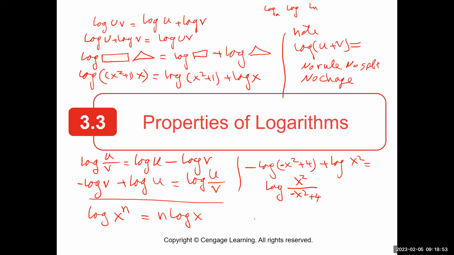Or you can read it backward. If I say n log of u, instead of x, that's equal to log of u to the power n. I can move the n over the top. So they are reversible. These are our 3 rules.